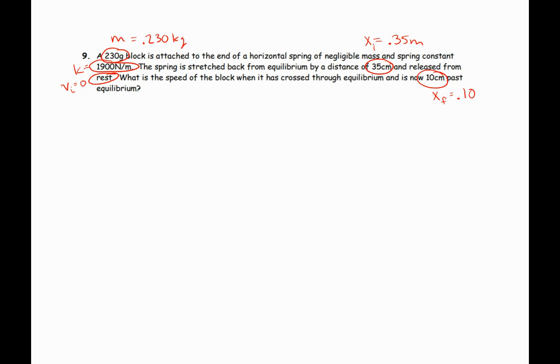Okay, so the first thing that I'm going to do is look at what's happening here. In this case, you have a box that's attached to your horizontal spring. So we have kinetic energy initial plus gravitational potential energy initial plus spring potential energy initial is equal to kinetic energy final plus gravitational energy final plus spring potential final.